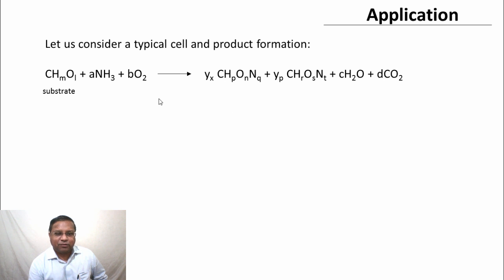This is the substrate, this is the cells, CHP, ON and NQ, and plus Yp, which is the stoichiometric coefficient of the product, CHR, OS and T, that's the product, plus C molecules of water, and D stoichiometric coefficient of CO2. So this stoichiometric equation represents the cell and the product formation in a reasonably general format. We will choose this as the equation for our analysis of a few things that we will do in this lecture.